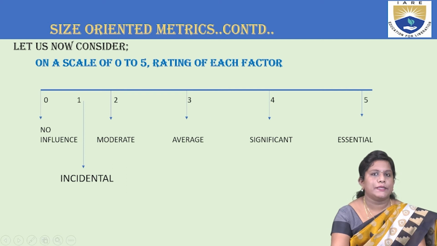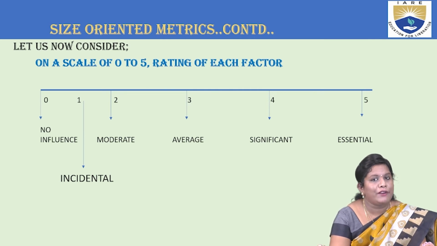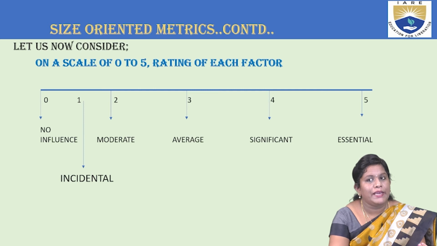Now let us look at this particular slide, which is telling us how you get the factors. Firstly, you have to rate them on a scale of 0 to 5, where 0 is no influence at all and 5 is essential. We all know how to rate ourselves on a scale of 1 to 10.